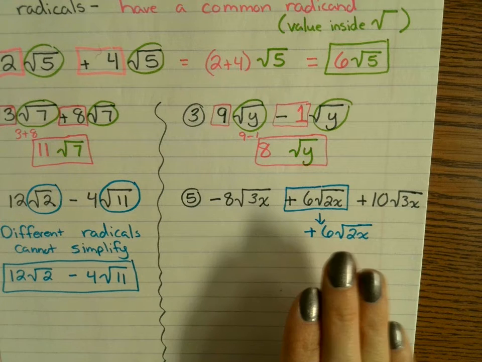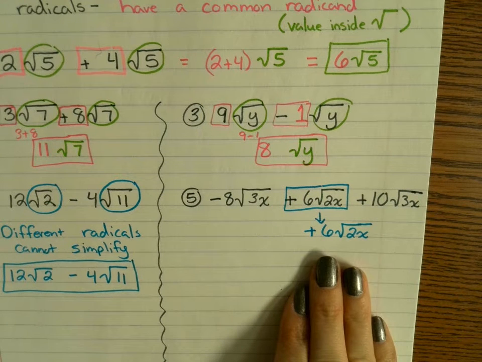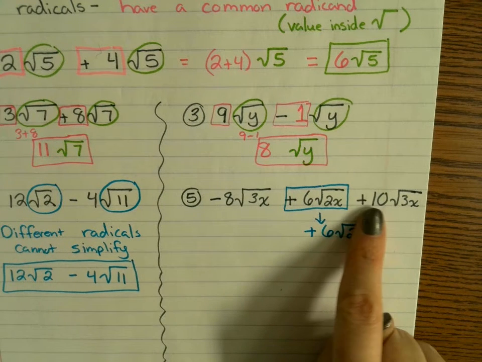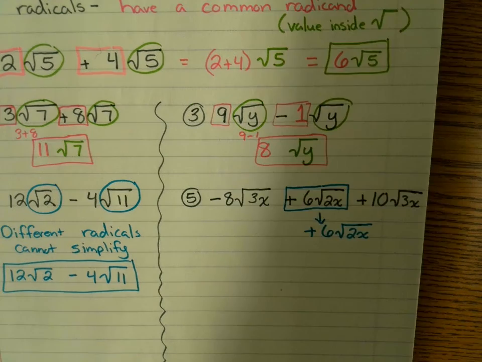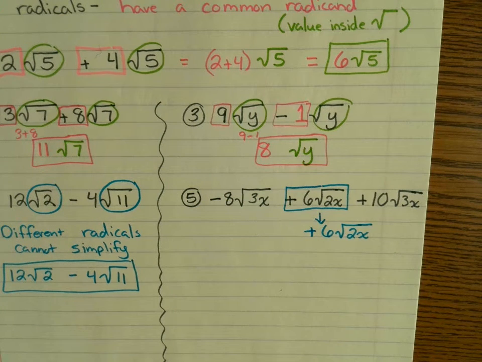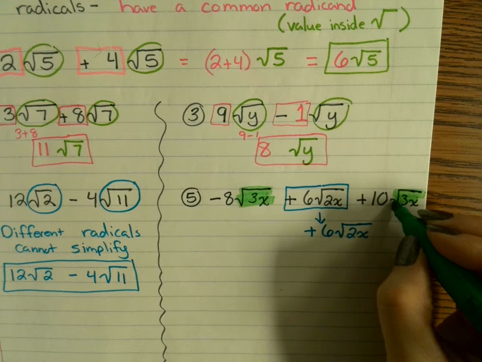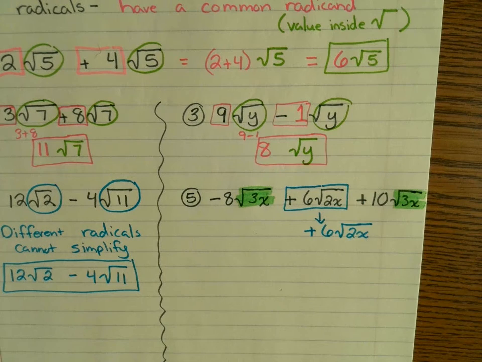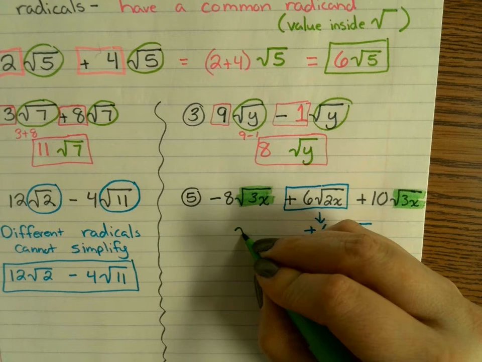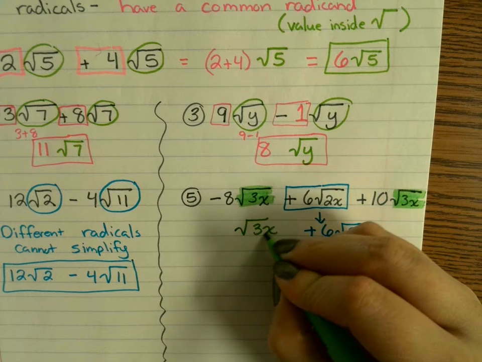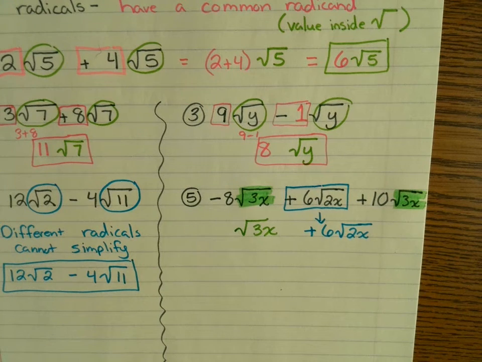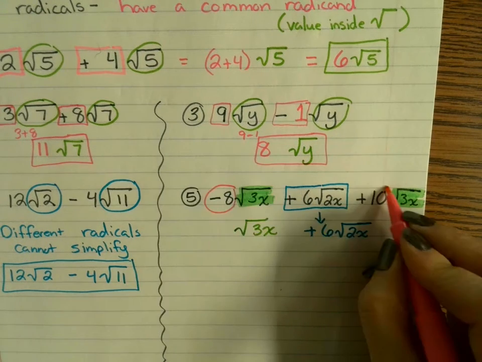What we're going to focus on are the ones that are like radicals. So instead of circling it, I'm going to highlight that these are like radicals here. That's square root of 3x. So that's going to get brought down. And what we're going to focus on is the negative 8 plus the 10.